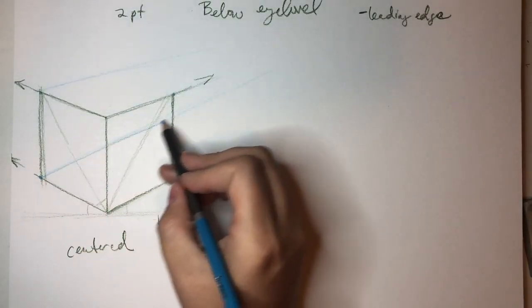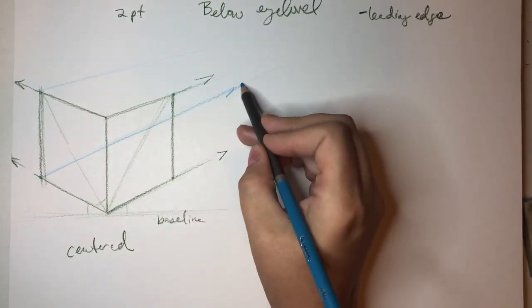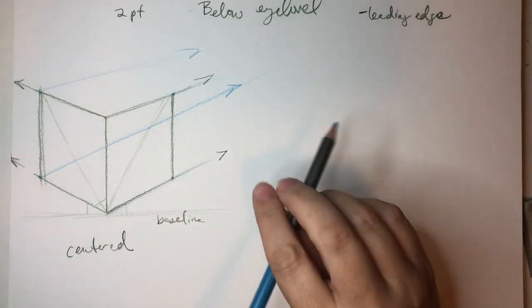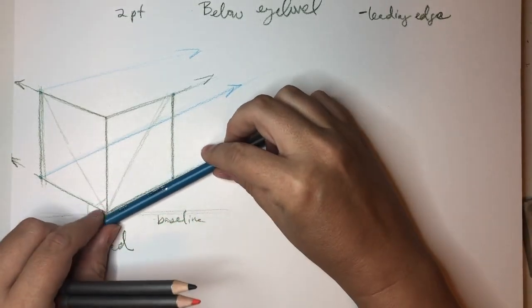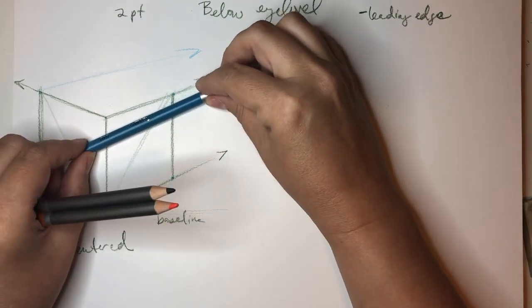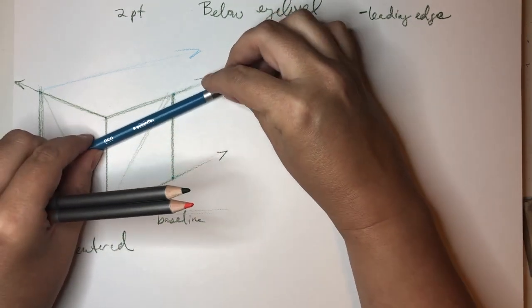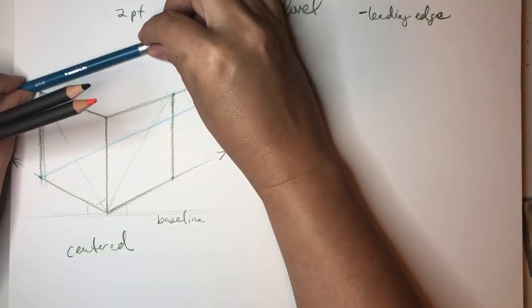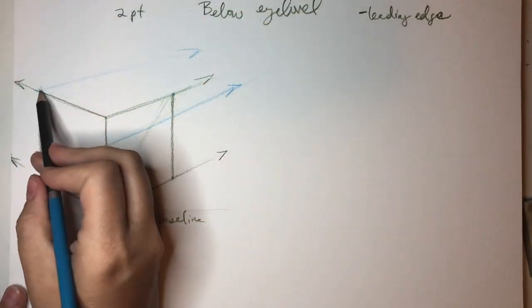So I'm trying to get that angle towards my vanishing point, but it's slightly converging. I'm going to check my work. So there's this angle. If I pull it up, it's converging. If I pull that up, you can still see it's converging. Pull that up, still converging. So that's really good.